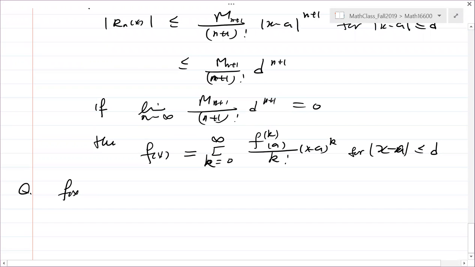So take a look at this function. This function is defined on the whole line.